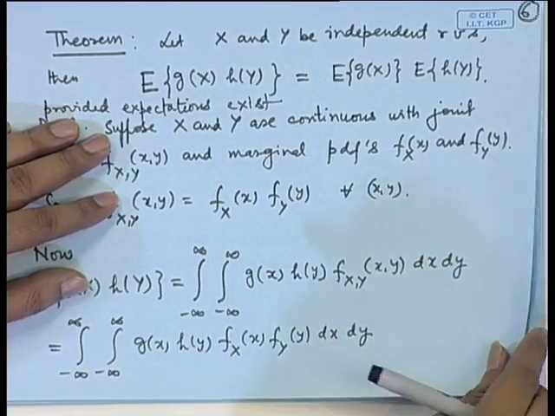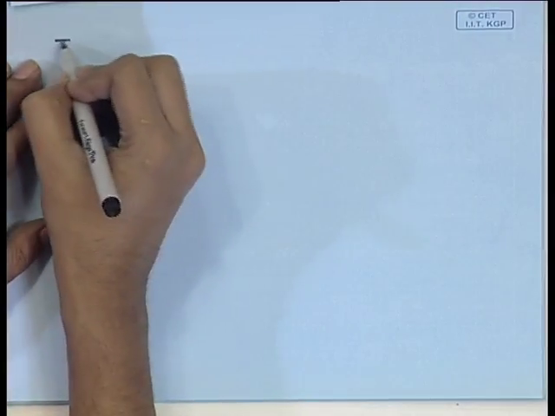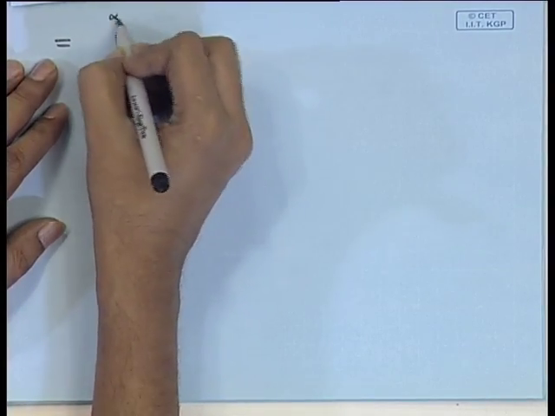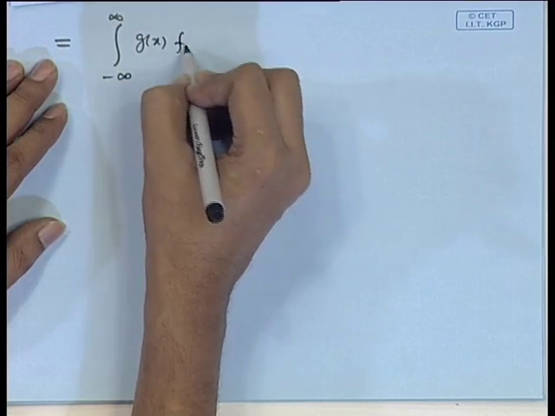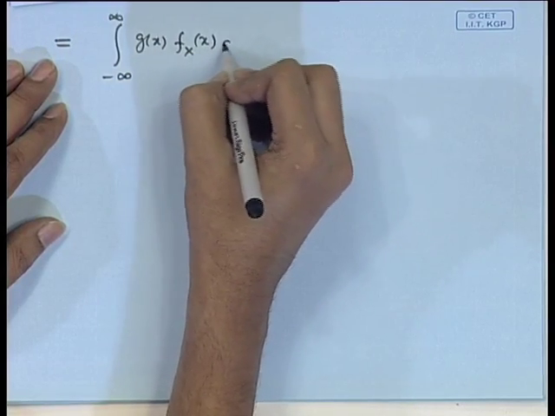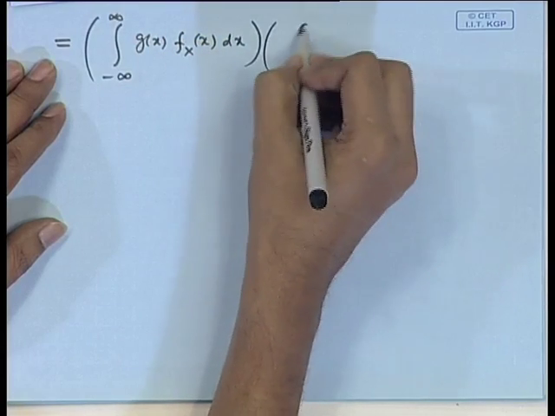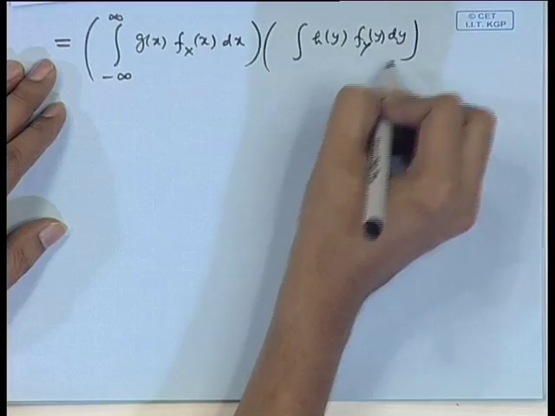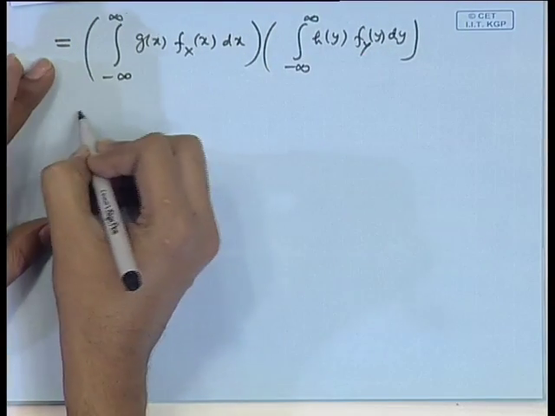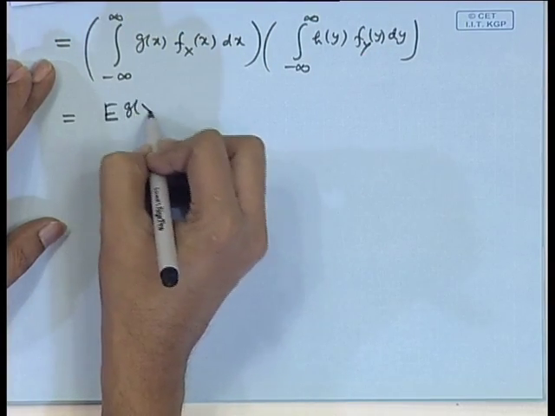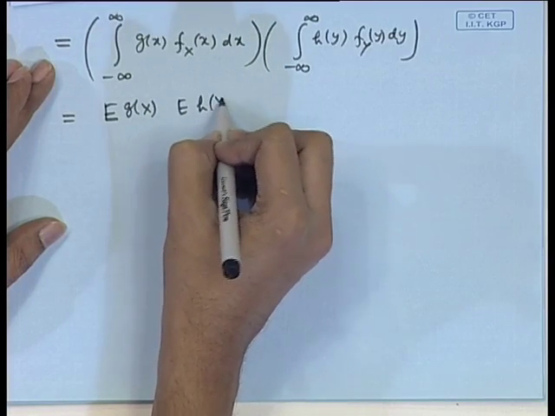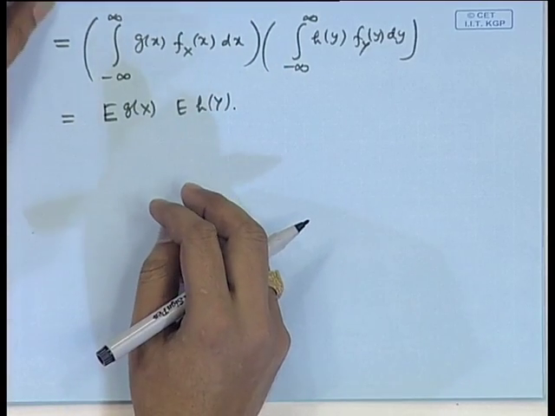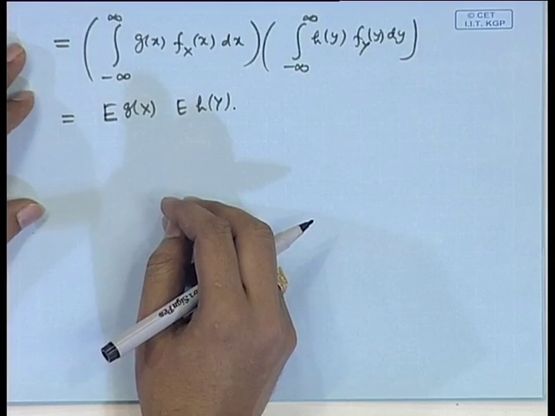Now, this is nothing but the product of the integrals g(x) f x dx and h(y) f y dy, which is nothing but expectation of g(x) into expectation of h(y). So, the expectation of a product is equal to the product of expectations in case of independent random variables.